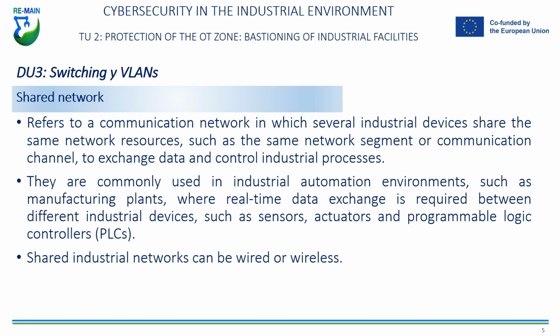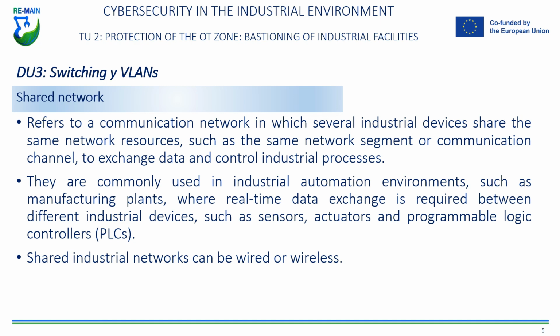In the context of industrial networks, a shared network refers to a communication network in which multiple industrial devices share the same network resources, such as the same network segment or communication channel, to exchange data and control industrial processes.